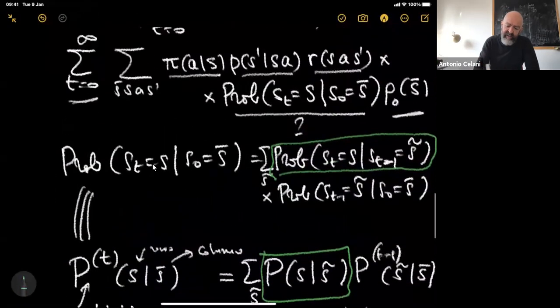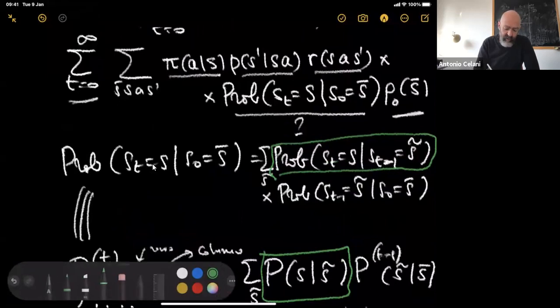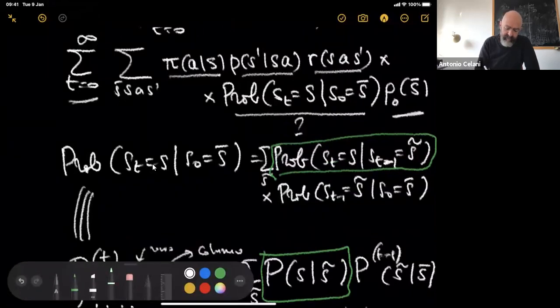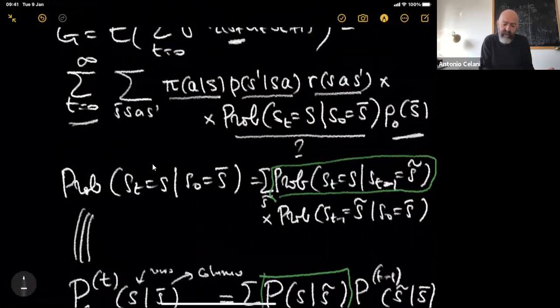For instance, here in this sum, rho node does not depend on pi because it's the initial condition that we choose. It doesn't depend on the decisions that we'll make in the beginning. But this object depends, and of course, pi is there. So when we have to take the derivative, we have to take the derivatives with respect to this dependence and this dependence, but not this, not this, not this.